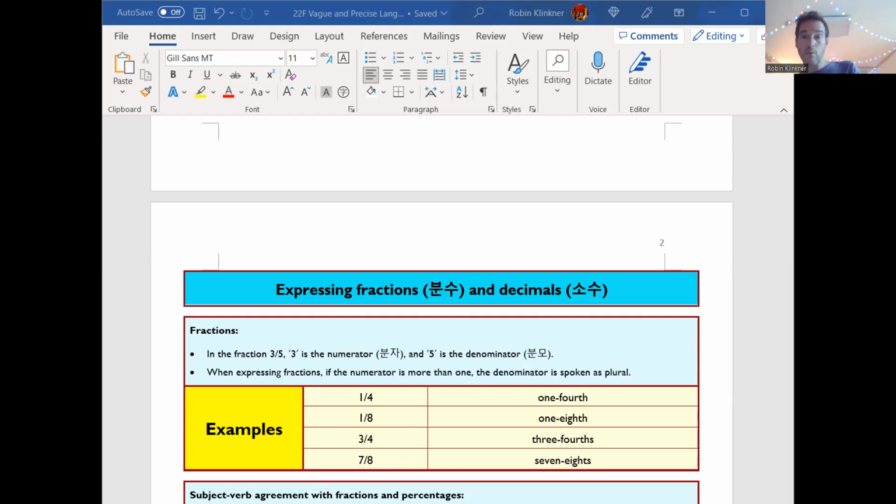So 50%, 1/2, that does not determine the verb if it's singular or plural. The subject does. So, 10 seconds. We have 4 new subjects here. Choose singular or plural form of the verb.